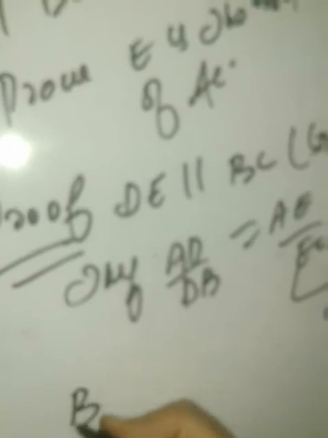Now name this first. But AD equals DB. Why? Because we are given that D is the midpoint of side AB.